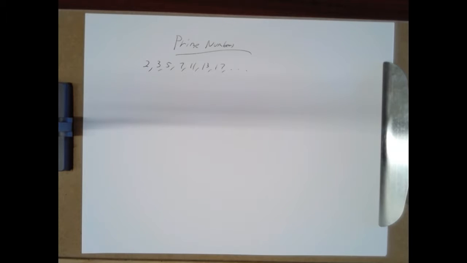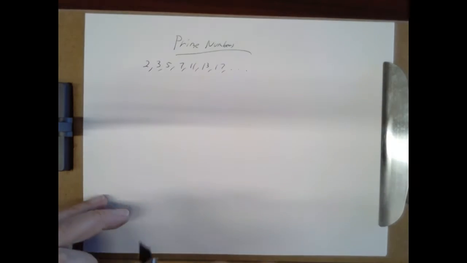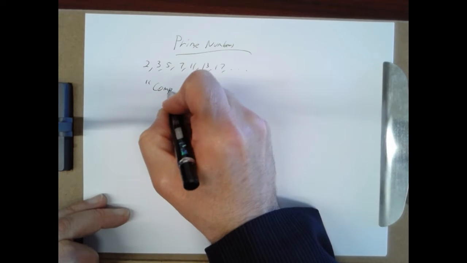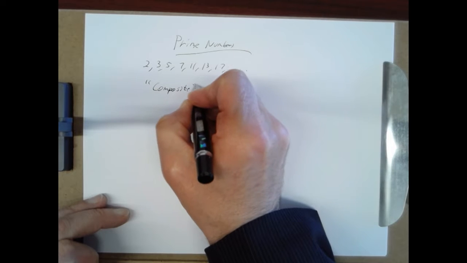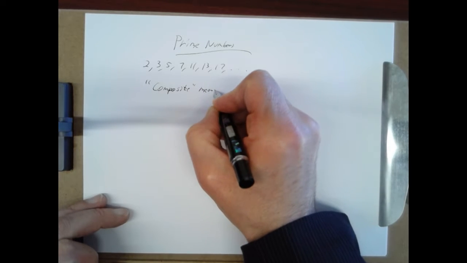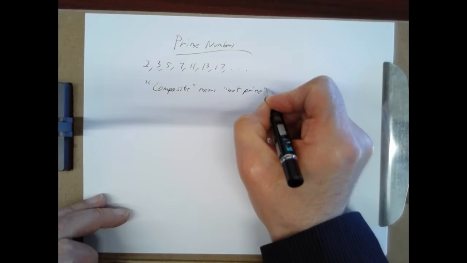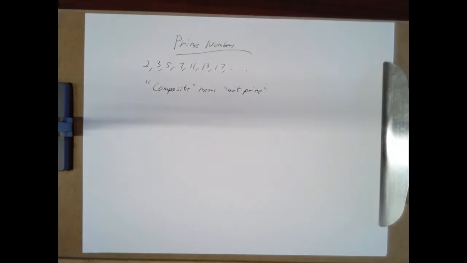And there are no multiples of 5 that are prime except for 5 itself. And so on and so forth. So composite means not prime. Composite as in composed of other numbers.